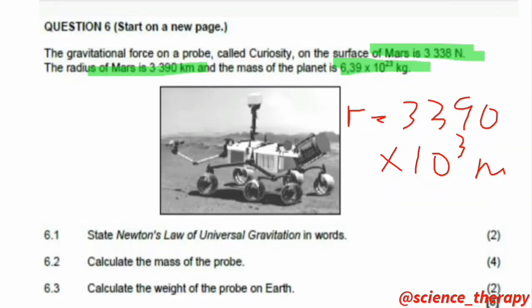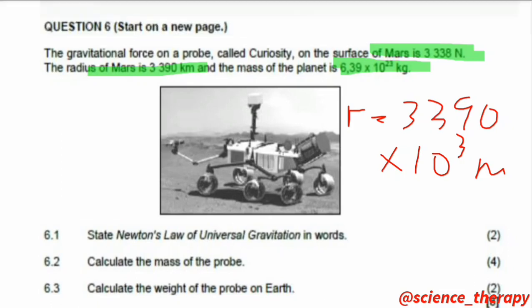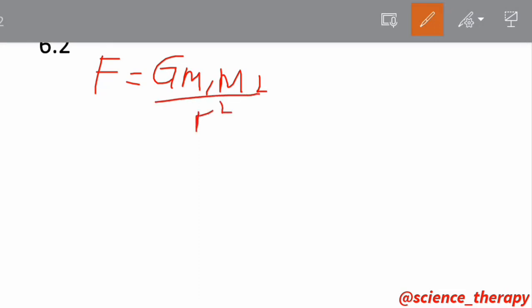Then 6.2 says calculate the mass of the probe. So now we're just going to go ahead and collect our data. As you can see, we've highlighted all our data. So then we know the formula that we have to use here is the formula for universal gravitation, which goes F is equal to G m1 m2 over r squared, right?